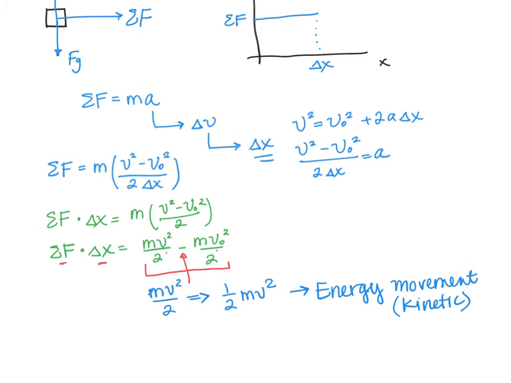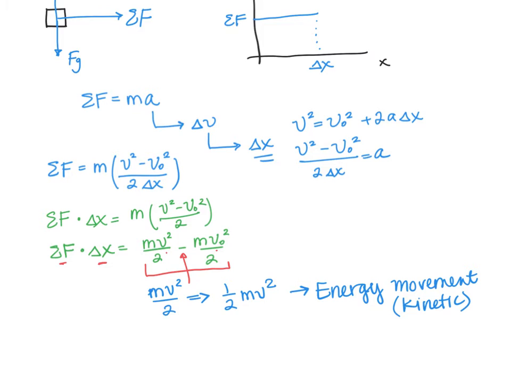So the object wasn't moving to begin with, it was at rest, and then it started moving and it went through a change in velocity, and that change was due to this force that was applied to it over this distance or through this distance.